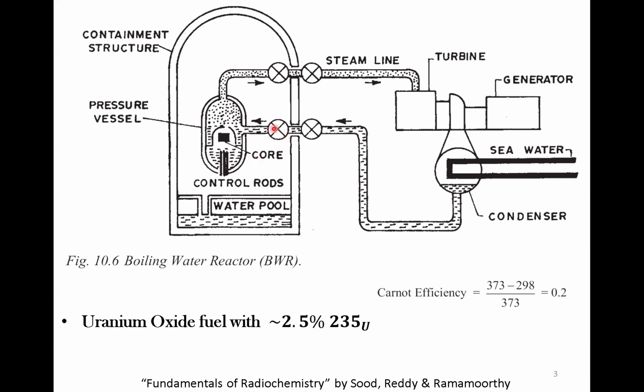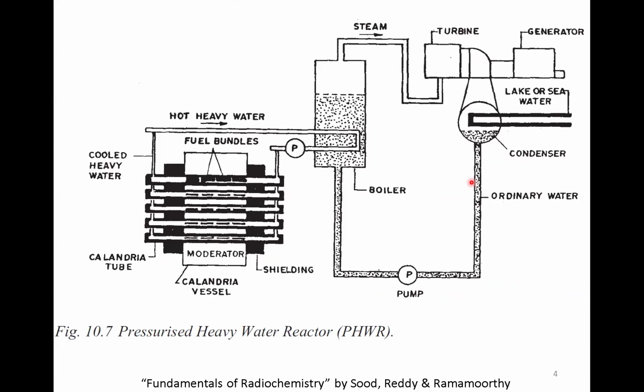So mainly water comes in, there is a thermal contact between water and this region of the reactor. It goes to a boiling state and then gets distributed inside a turbine. In addition, there is a heat exchanger in this region.